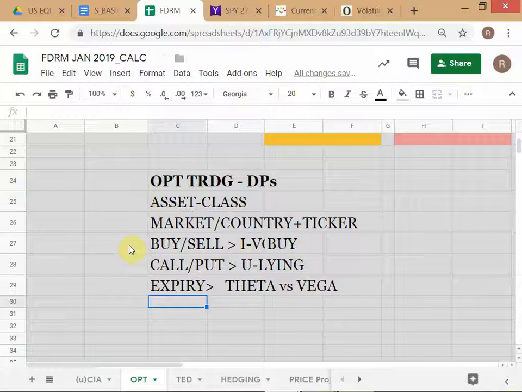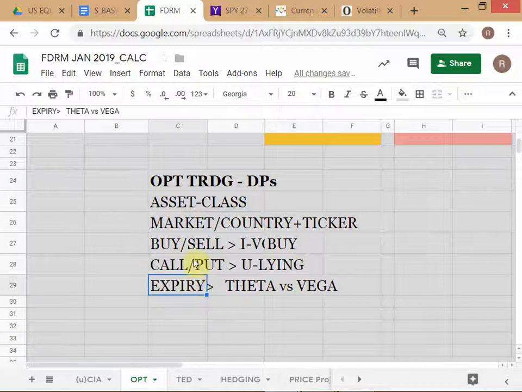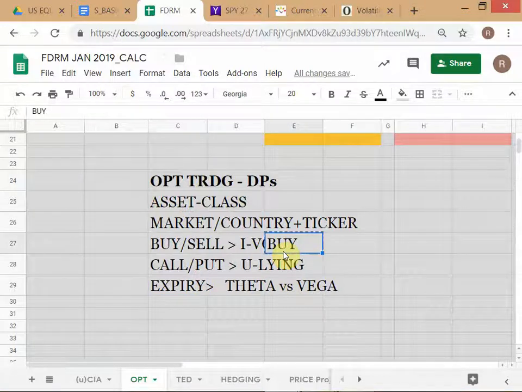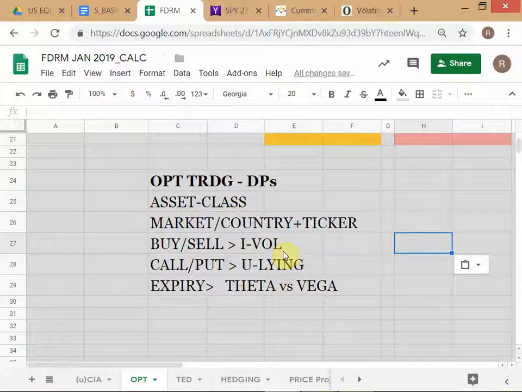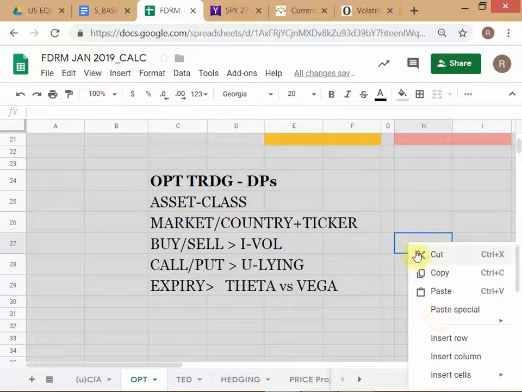As far as expiry is concerned, remember that when you come to this decision problem, you have already solved the earlier problems. So you already have a view on whether you are buying. This buy should not be here, this should be here maybe.